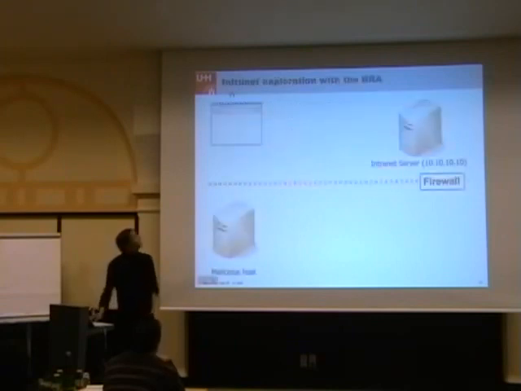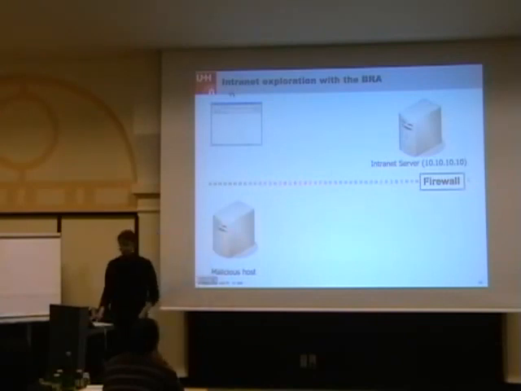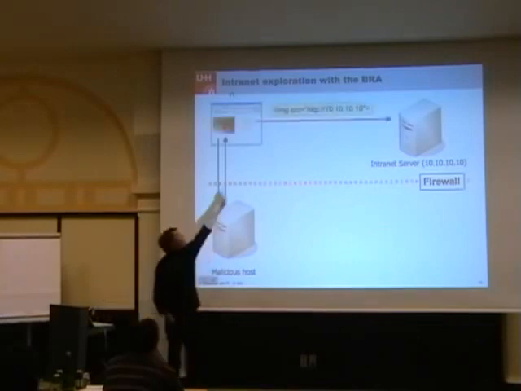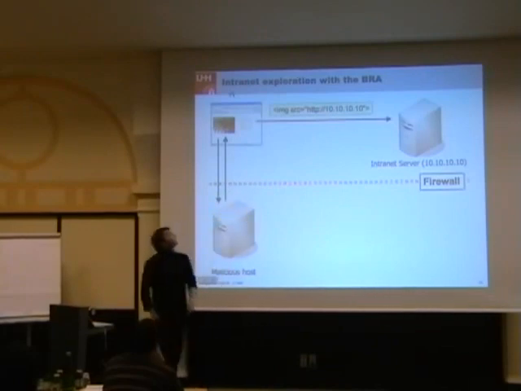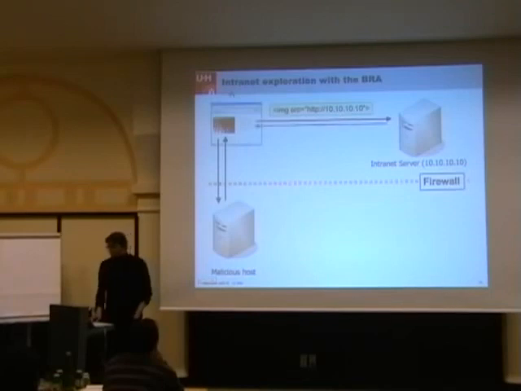So to make it more clear, the malicious host here wants to know if there is a server at some private IP that he hasn't been able to access because of the firewall. So it sends this cross-site request forgery payload. And the payload now tries to access an image that is supposedly hosted at 10.10.10.10.